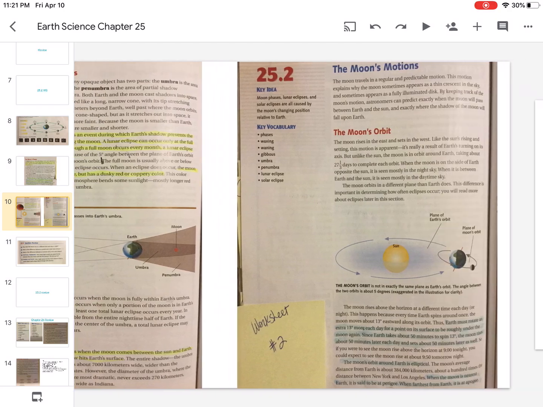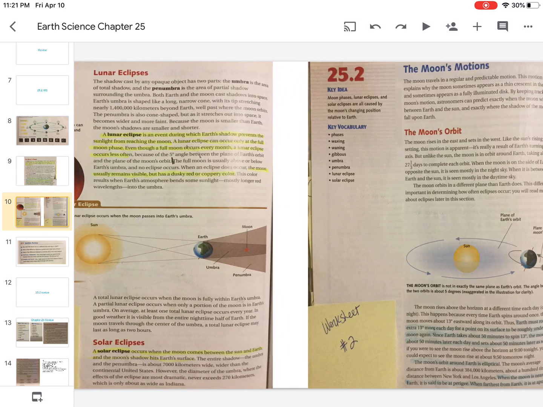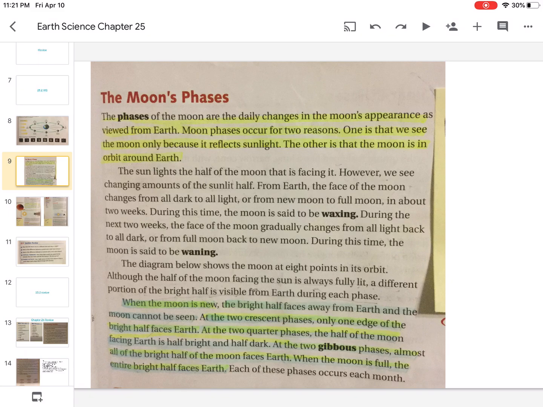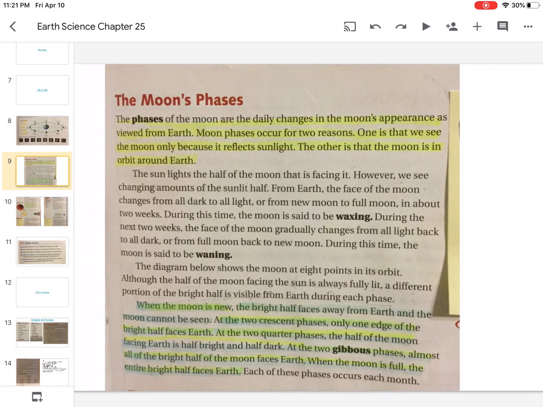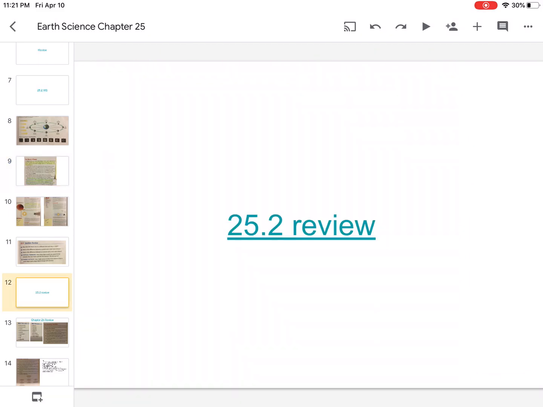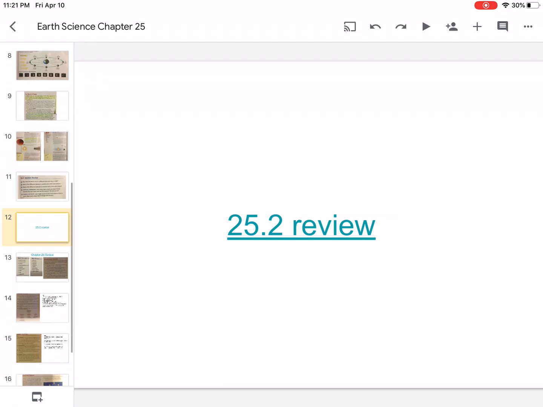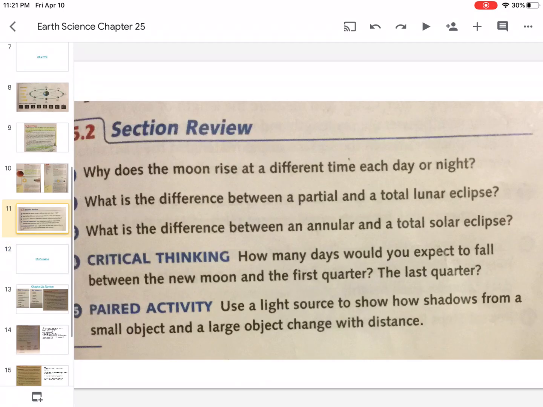I thought I had it on here, but I guess I don't. That's all right. You're going to want to look at page 565. So what is the difference between an annular and a total solar eclipse?